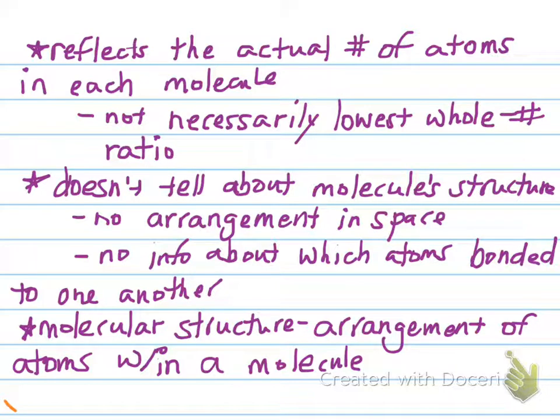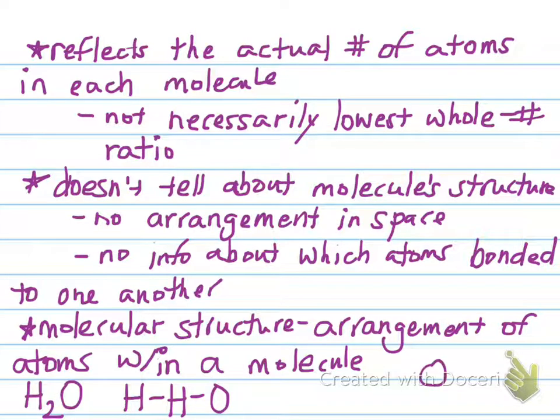So kind of what I'm talking about here is this idea that if we asked some little kid to draw water, they might say it's an H connected to an H connected to an O. And hopefully you realize that's not what water looks like, right?